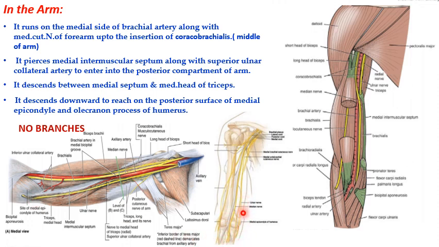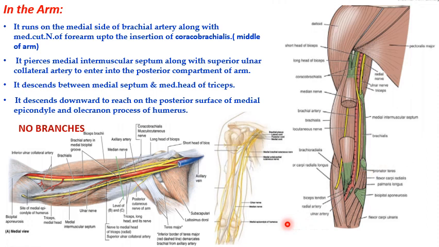The one which is going posteriorly is the ulnar nerve. The one which is seen anterior to the medial epicondyle is the medial cutaneous nerve of the forearm. So it descends posterior to the medial epicondyle and the olecranon process of the humerus.